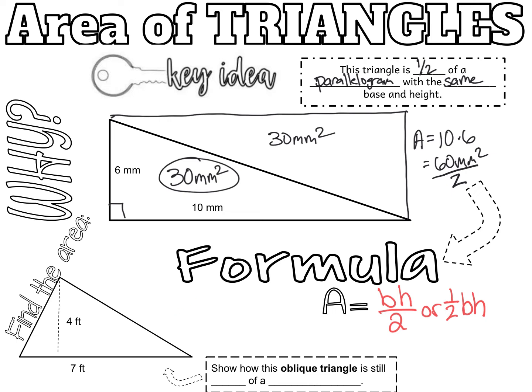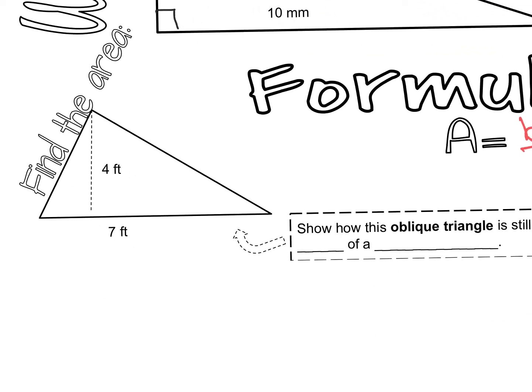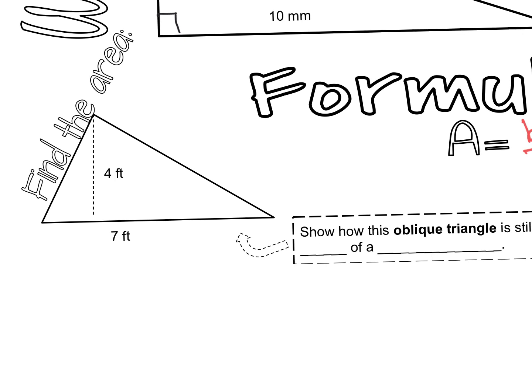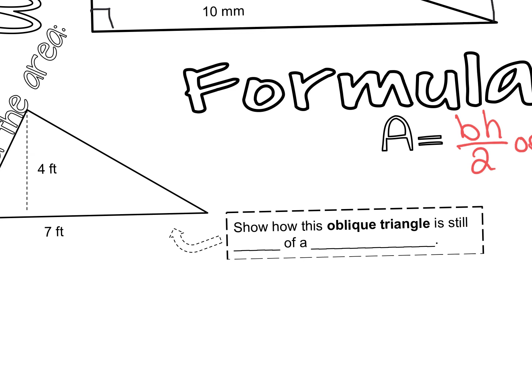So let's look at one more example. We're going to find the area of this oblique triangle, and we're going to show that this oblique triangle is still half of a parallelogram. Right?